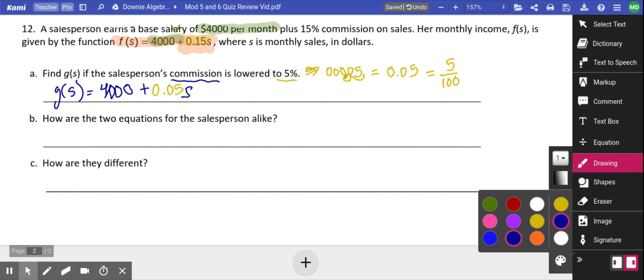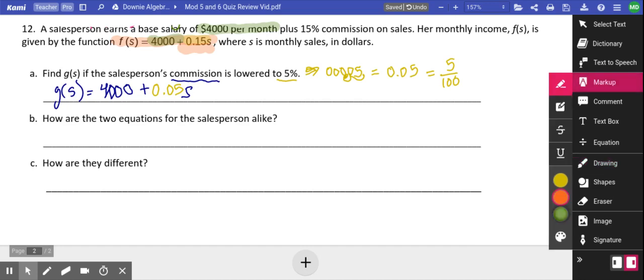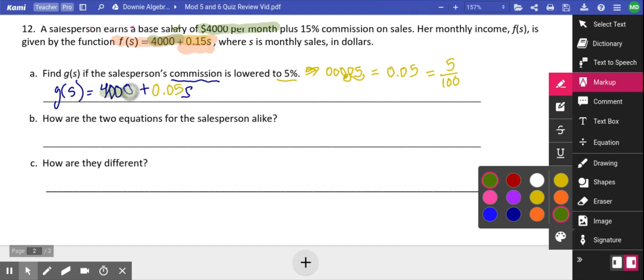Now for part B, it says, how are the two equations for the salesperson alike? So we're going to look at what changed and what didn't change. Well, I still see my $4,000 in each of my equations here.